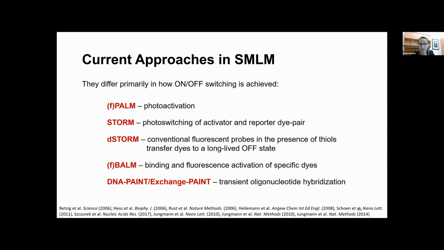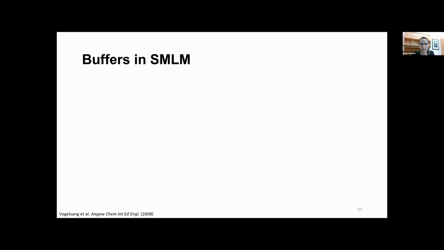But since the mechanism of the switching is a bit different, they sometimes have to be treated differently in the analysis, and the sample preparation also looks a little different. But again, lots of different acronyms for the same overall principle.